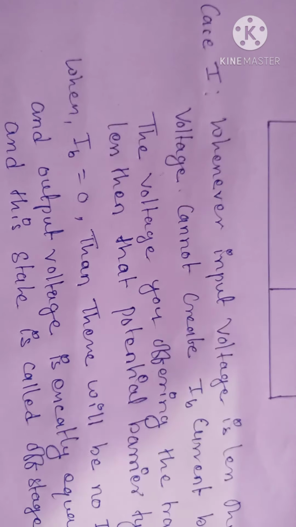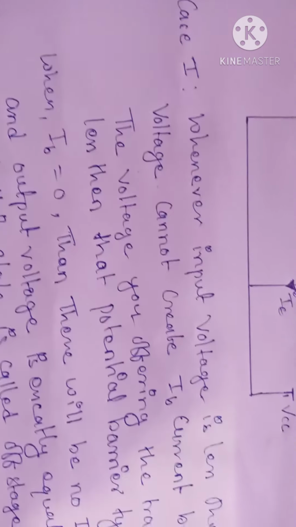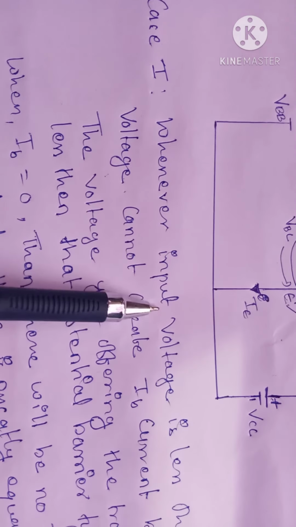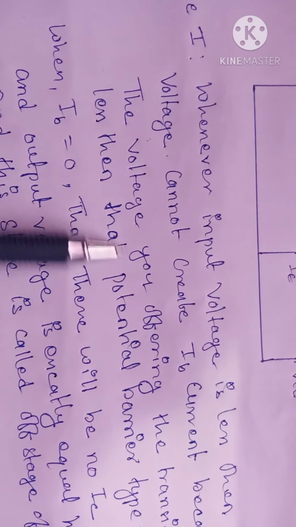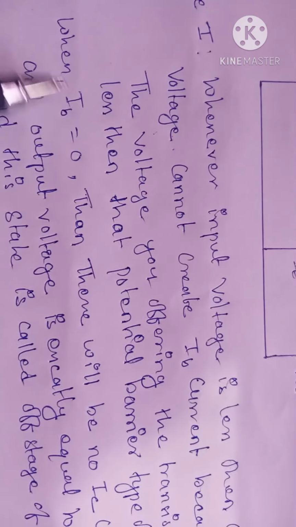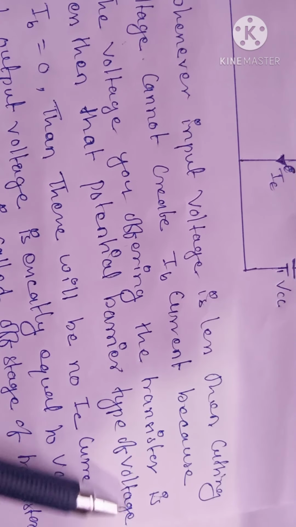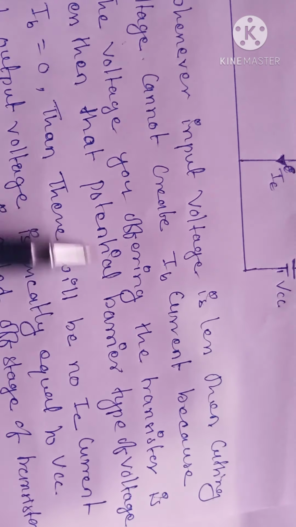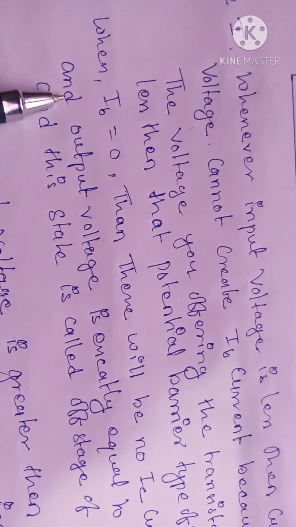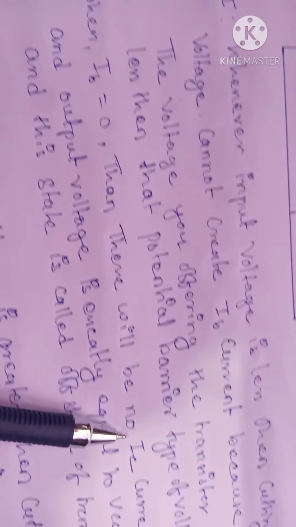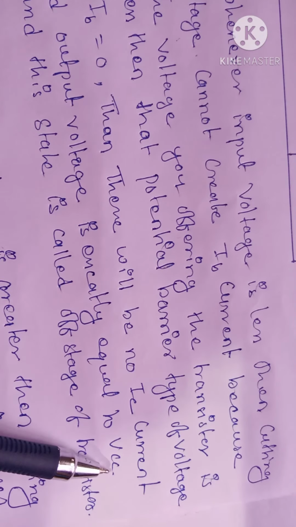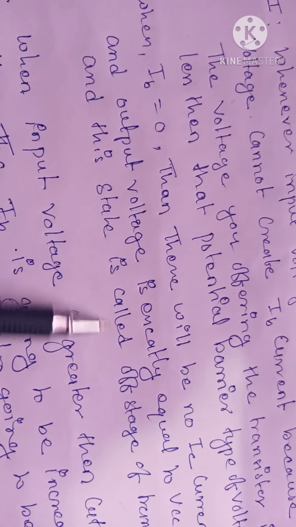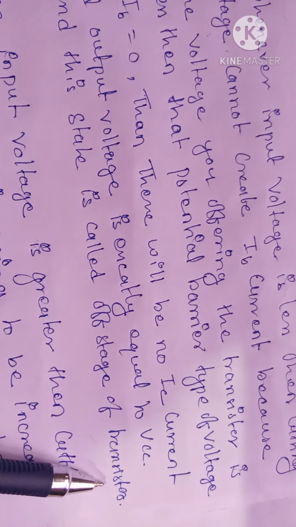In transistor as a switch, we have two cases. One, whenever the input voltage is less than the cut-in voltage, it cannot create IB current, because the voltage you are offering the transistor is less than the potential barrier voltage. When IB equals 0, there will be no IC current and the output voltage is exactly equal to VCC, and this stage is called the off state of the transistor.